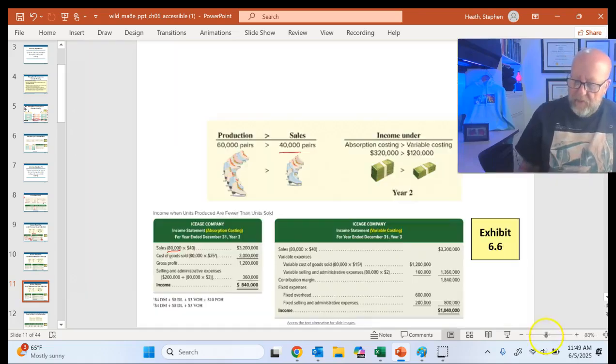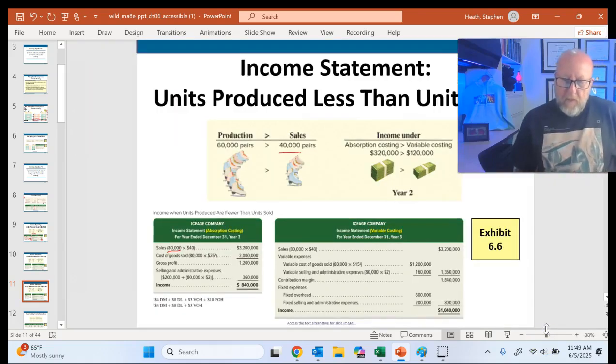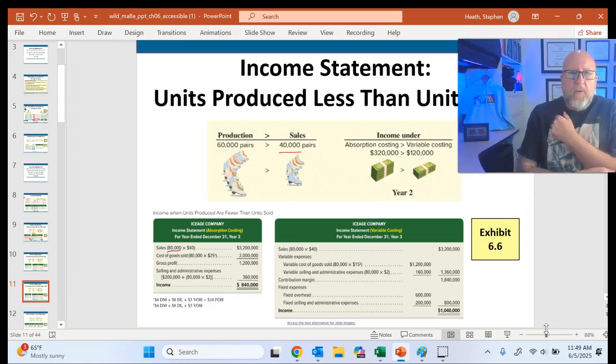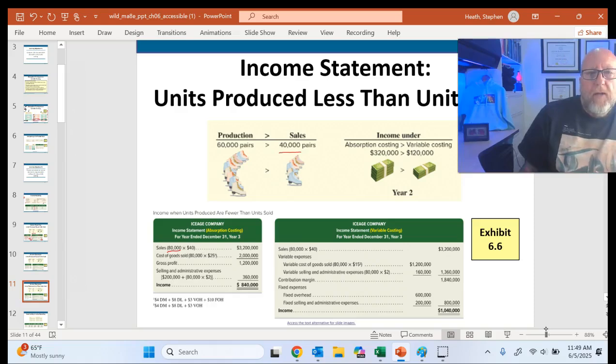Man, am I getting this wrong? We're going to produce less units than sold. And we have production of 60 and sales of 40. I'm thinking maybe this needs to be 80. We're going to produce less than what we sell.